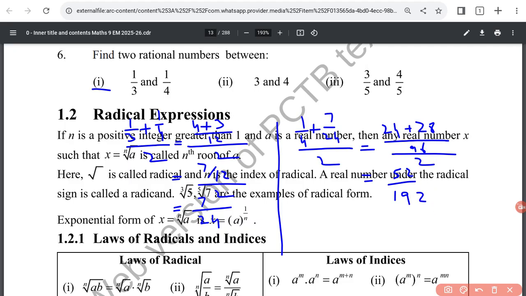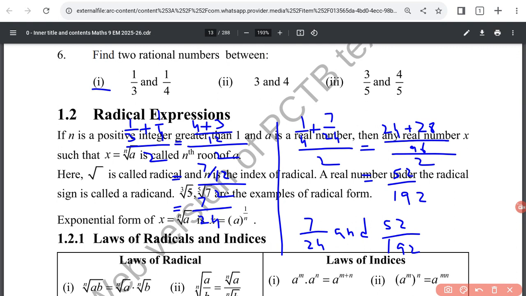So we have 7 over 24 and 52 over 192 as two rational numbers between 1 over 3 and 1 over 4. Obviously we can simplify 52 over 192, but if we write it as is, no problem, the answer is correct.